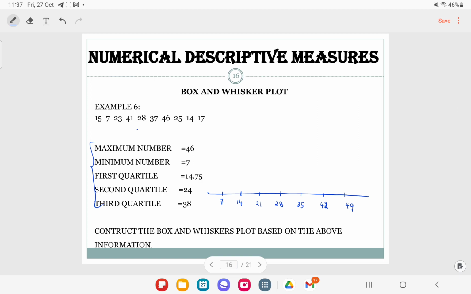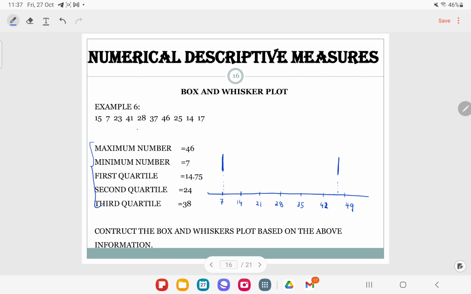Okay, so next thing is starting with identify the minimum value here. So minimum value here will be 7. So will be fall here. And then the maximum value is 46. So 42, 49. So sini akan jadi 45. So 46 will be estimated around here. That's why I ask you to draw by using graph paper so that you can estimate the value very well.